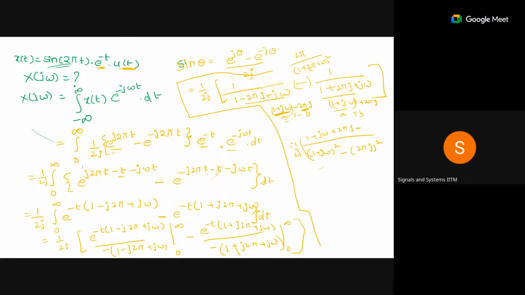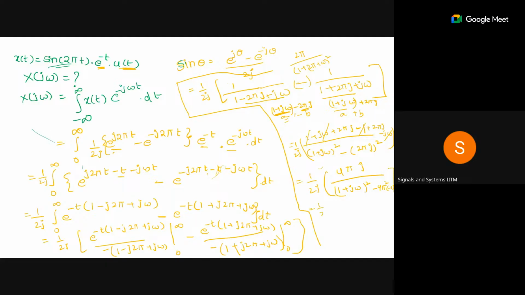So here it will be 1 minus 1 plus 2 pi j minus j omega, so j omega will cancel, and 1 and 1 get cancelled. So it will be 1 by 2j into 4 pi j by 1 plus j omega whole square minus 4 pi square j square, and j square is minus 1.